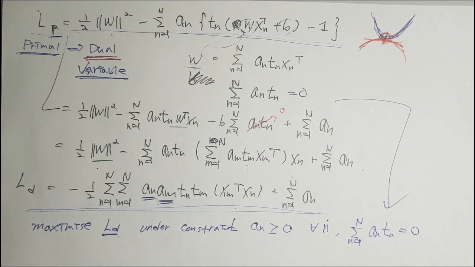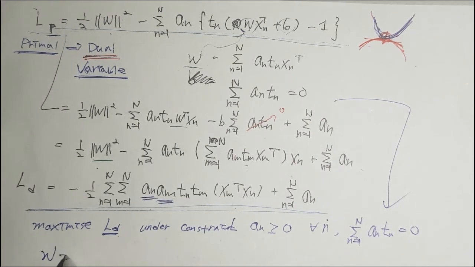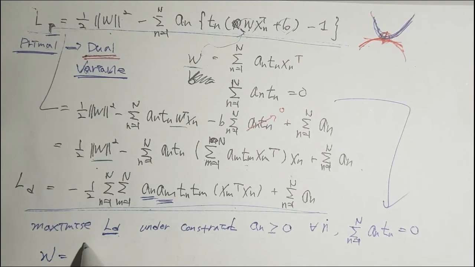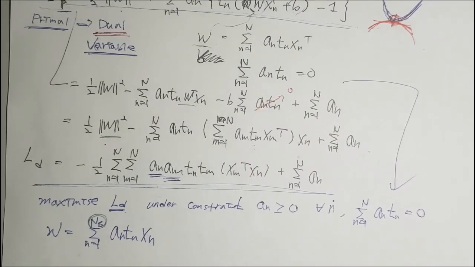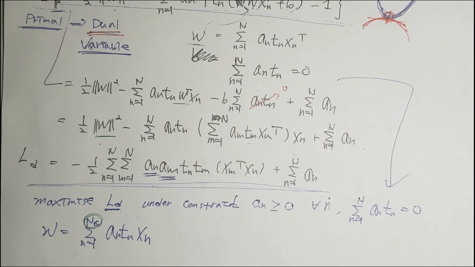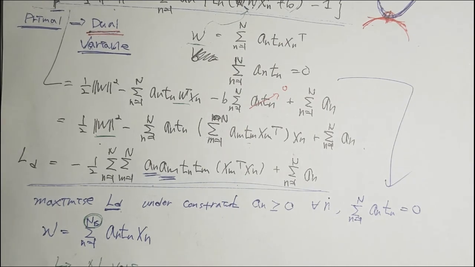And also hyperplane W will be written on this support vector. It represents the number of support vectors. Okay. So that means, let's say we have n variables, actually Ns variables.